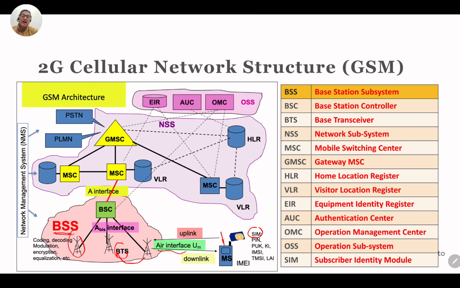And we have the Ki, which is very, very important for the security application of the mobile station. So your Ki, or your security key, is saved in your SIM card. Okay, so it is fixed. And also it has the international mobile subscriber identity. It is also in the SIM card.